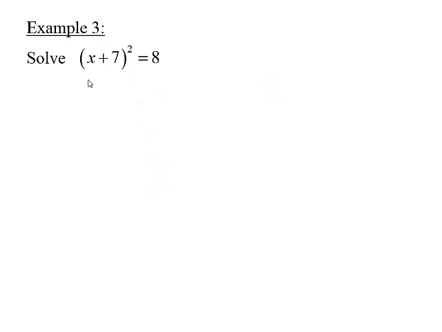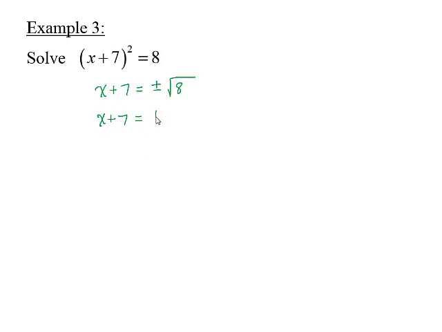Example 3, solve x plus 7 quantity squared equals 8. We can apply the square root property because we have some quantity squared equals 8. So to get the x outside of the square, I have to apply the square root property, which tells us that x plus 7 has to be plus or minus the square root of 8.